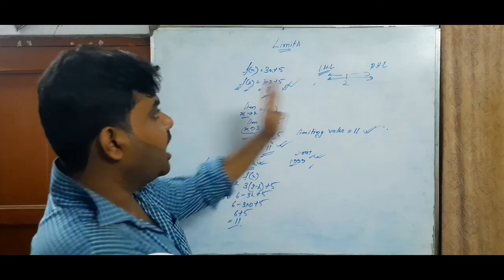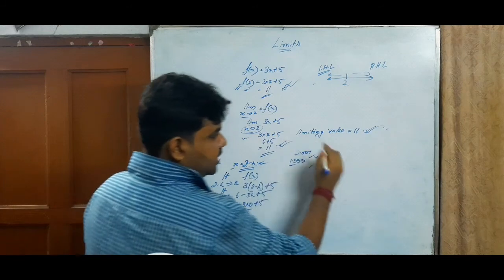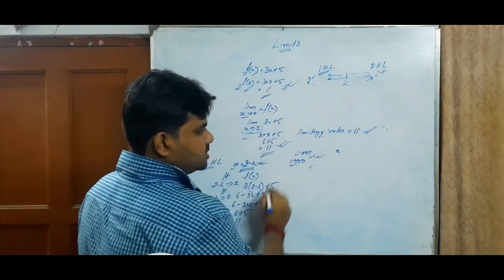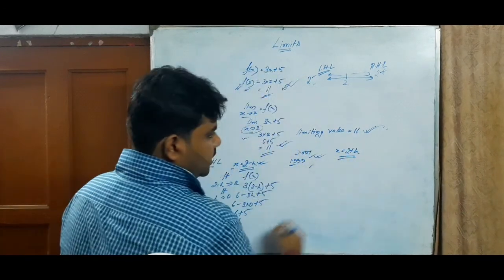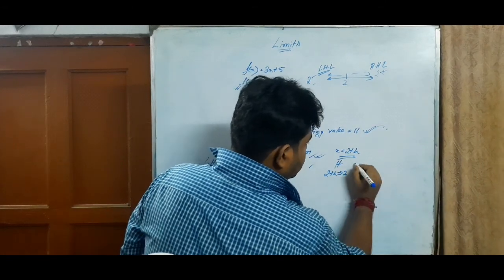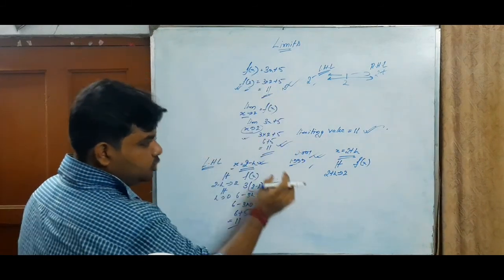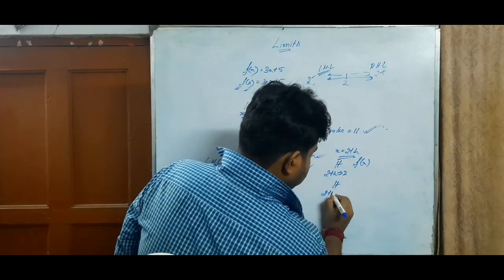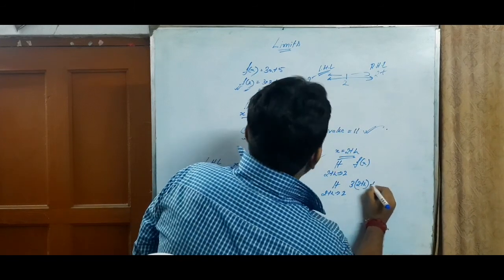Now the RHL, that is the right-handed limit. Here we have taken 2 minus h. Right-hand means 2 plus, that is x equals 2 plus h. Now limit 2 plus h tends to 2 of f(x). In place of x we will write 2 plus h, so 3 into 2 plus h plus 5.